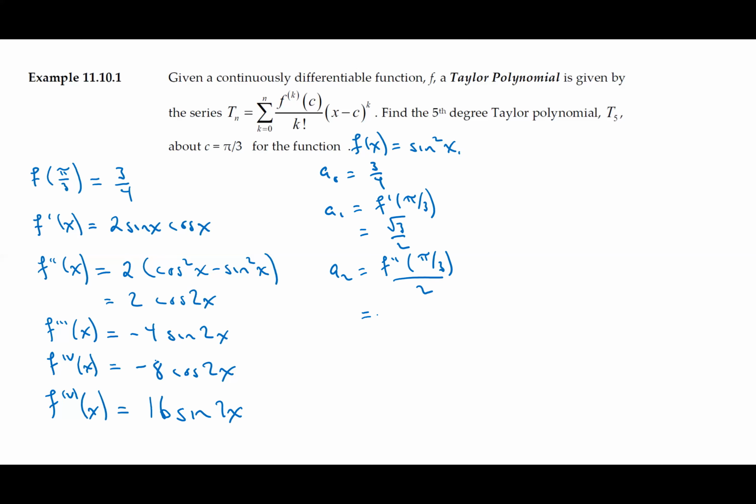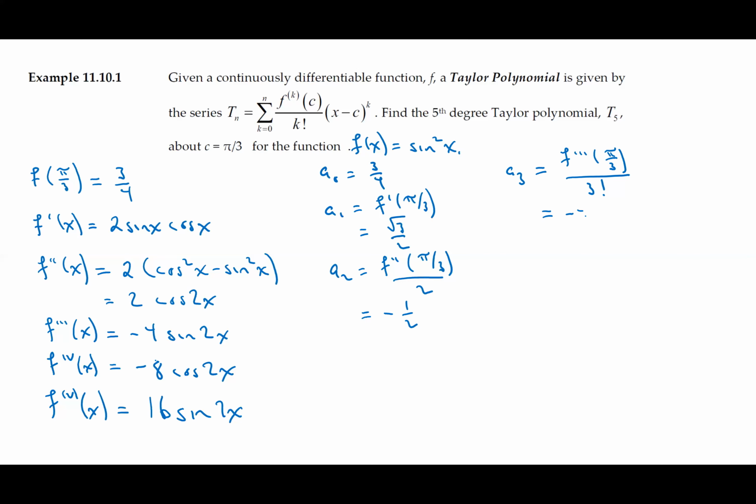Cosine 2x, so it's 2 pi thirds. Cosine of 2 pi thirds is negative 1/2 times 2 is negative 1, so negative 1/2. And then a3. If I just keep going here, we have third derivative of pi thirds over 3 factorial. So what's my third derivative there? Let's see, sine of 2 pi thirds is going to be root 3 over 2.